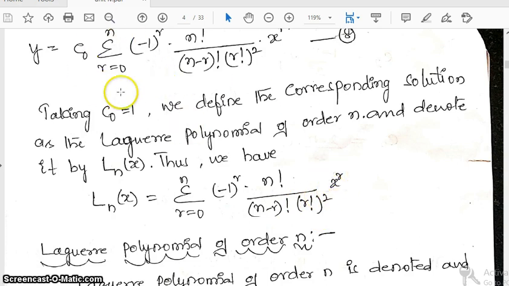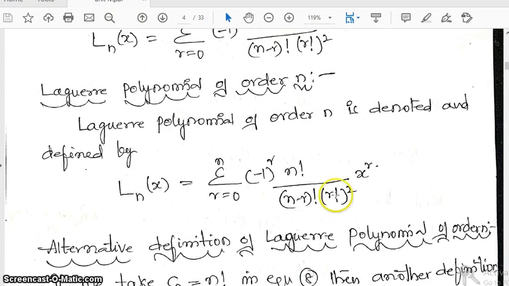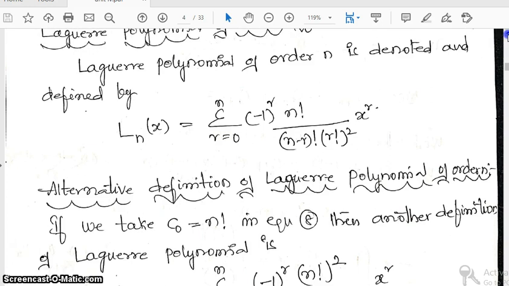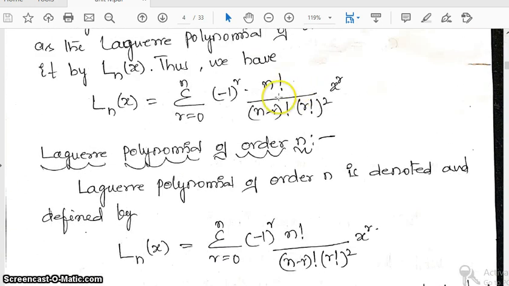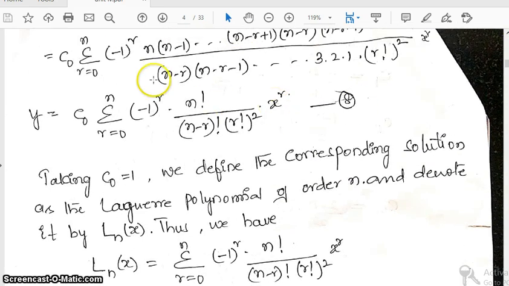This is the Laguerre polynomial of order n, which I have already explained. Now the alternative definition of the Laguerre polynomial of order n is this: in equation 8, if you take C_0 equal to n factorial, then it becomes summation (-1)^R into (n factorial) whole square by (n-R) factorial into (R factorial) whole square into x to the power of R, R from 0 to n.